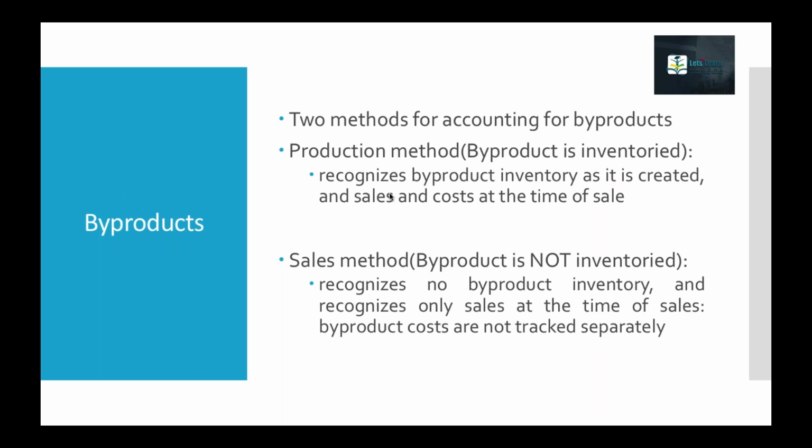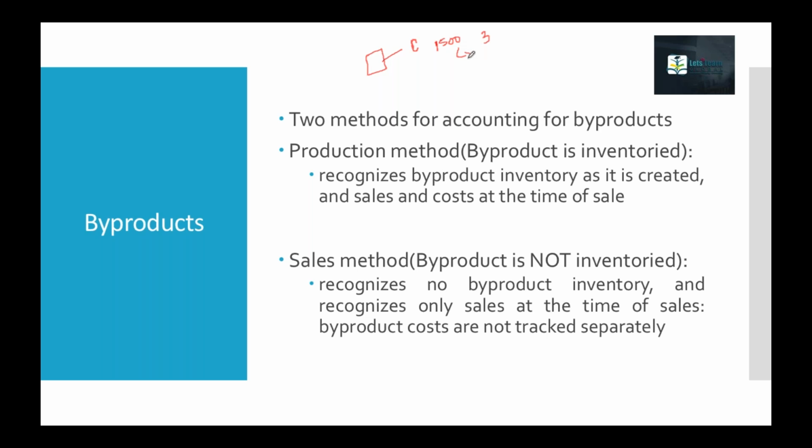Okay, then two methods for accounting for byproducts, which I already explained: if a byproduct is inventoried, the sale value of the byproduct should be deducted. Say we received byproduct C, 1500 units, sold at the rate of $3.